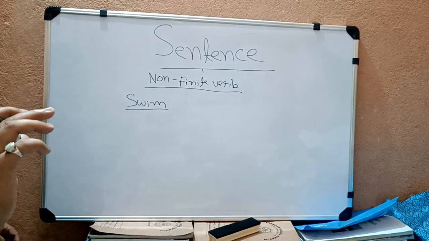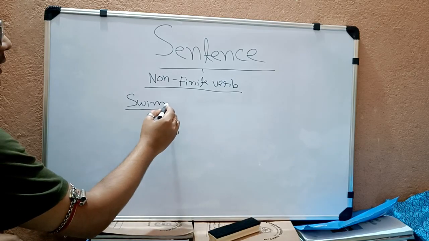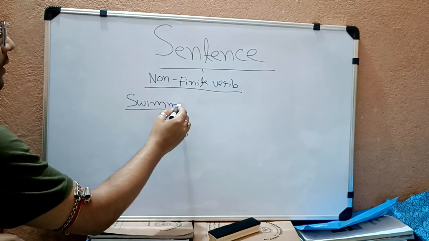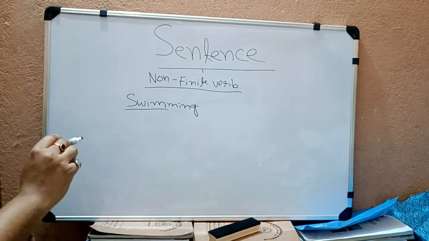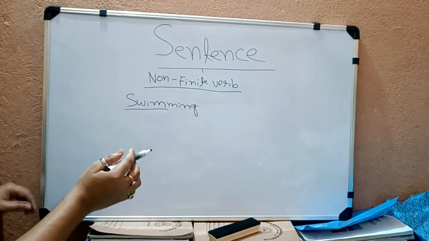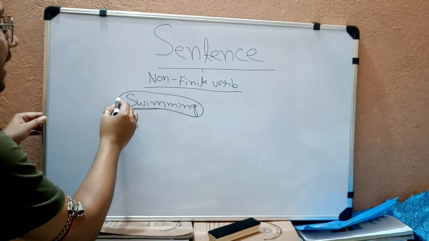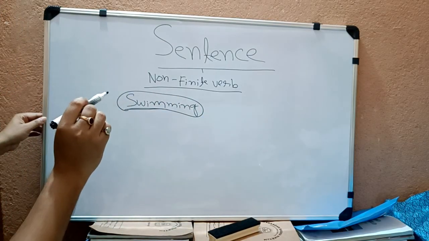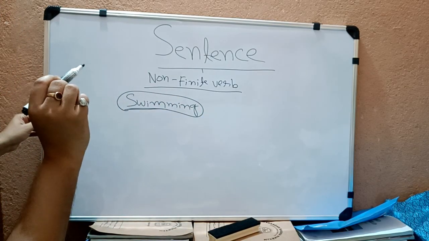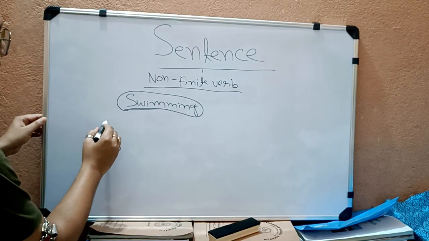One thing remember guys, that if we write swimming, swimming is a verb as usual, as a part of speech. Then if we use swimming as a noun in a sentence, it will be called a non-finite verb. Let's clarify it.